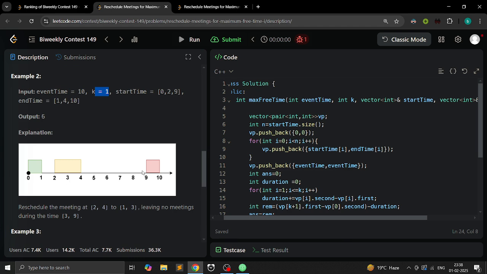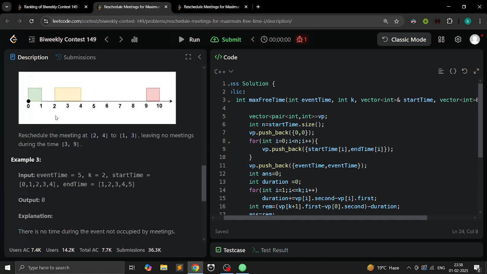So 3 to 9 will be the free time. So we have 9 minus 3, which is 6, the answer. Moving any other block, like moving this block to here, it will be 10 minus 5, which is 5. So it will be lesser. The maximum we have is 6 here.